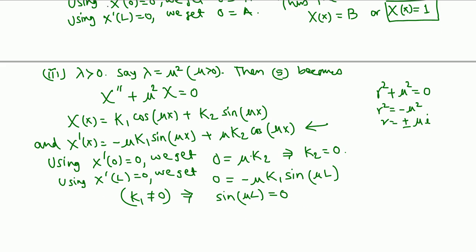And we know that sine theta is 0 when theta is plus or minus n pi, but we are considering positive lambdas, so we just take the positive n's. So this implies mu L equals n pi, n bigger than or equal to 1, 1 2 3 4 etc.